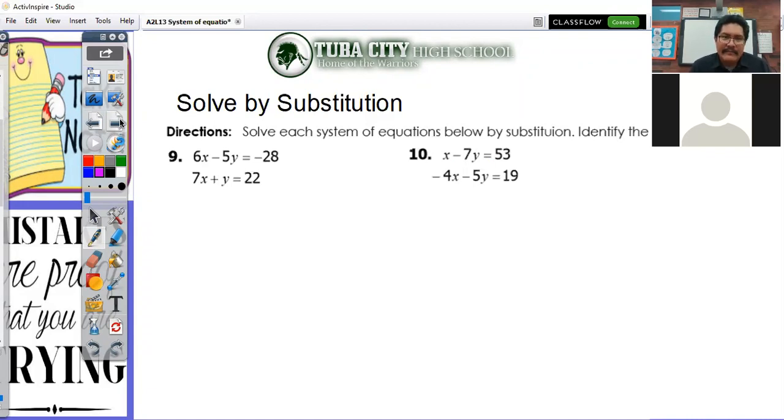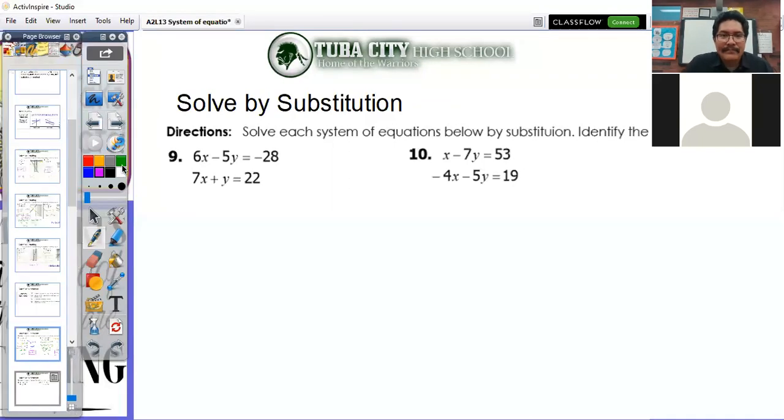That doesn't work out. I could also divide everything by 5 or negative 5. But again, we would end up with fractions, 6 over 5 and 28 over 5. So on the top, we don't have any options. On the bottom one, we only have one option, and that is to solve for y.